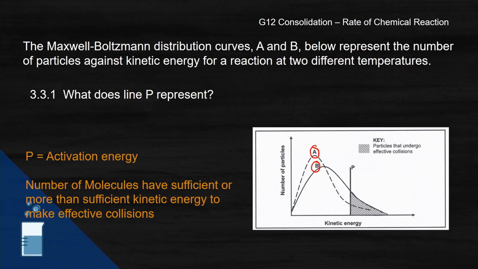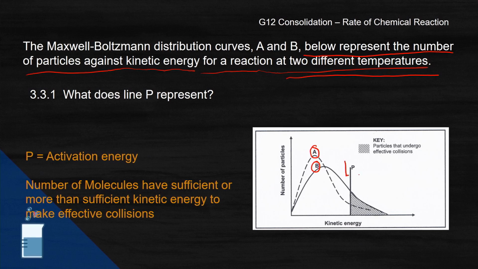There are 2 different reactions, one at one temperature, one at another temperature. It tells you there that it represents the number of particles against kinetic energy for a reaction at 2 different temperatures.